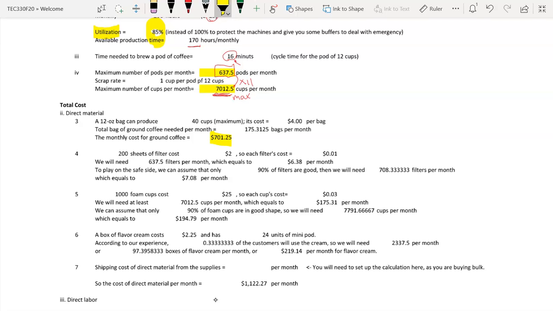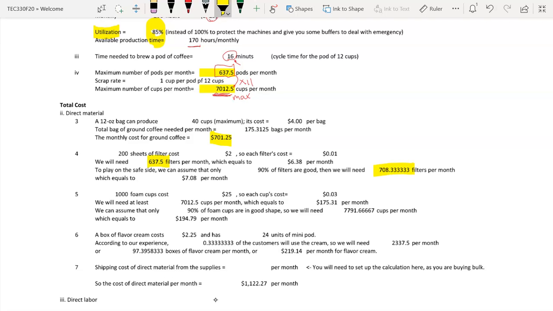Okay, from there, you also need to know the filters. How many? 637.5 filters, because that's how many pots you're going to do. And not all the filters are good, only 90% are good, so we need more than that, more than 637, 638.